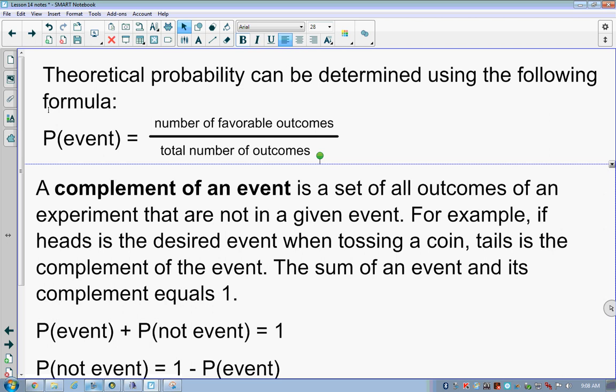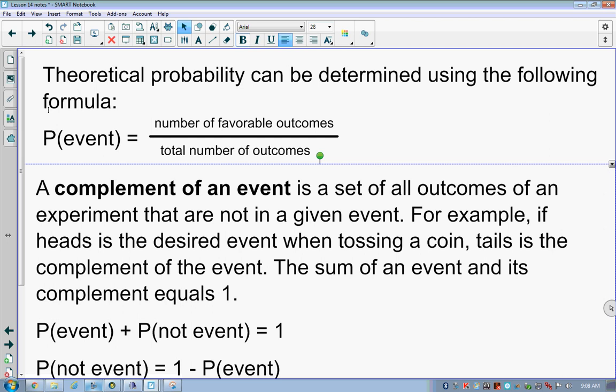Number of favorable outcomes over total number of outcomes gives us probability. Odds is different. Odds is number of favorable outcomes over the number of unfavorable outcomes. Different places use odds than probability. They don't mean the same thing. They're not different words for the same thing.